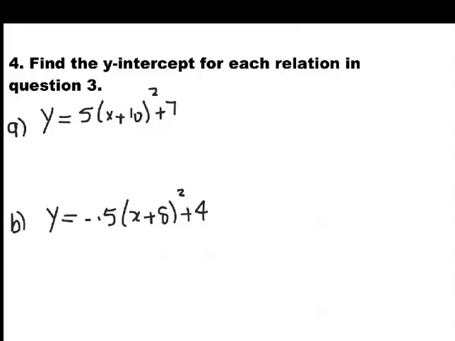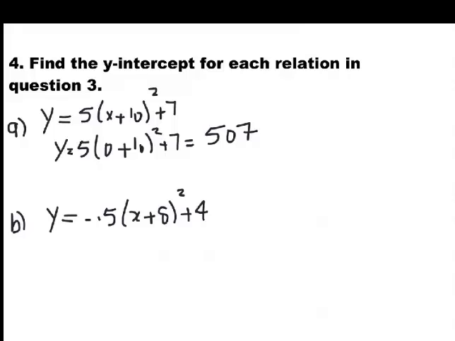For the first one, y becomes 5 times (0 + 10) squared plus 7, which is equal to 0 plus 10 is 10, squared is 100, times 5 is 500, plus 7 is 507. So the y-intercept for the first one is 507.